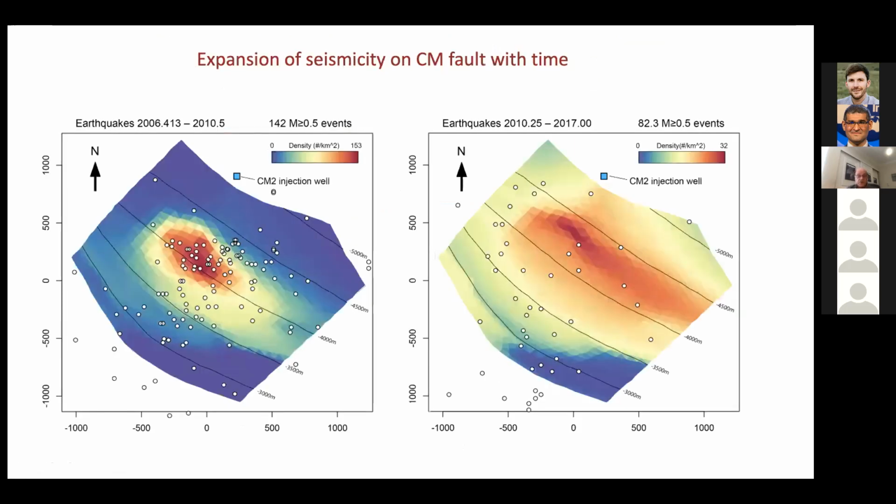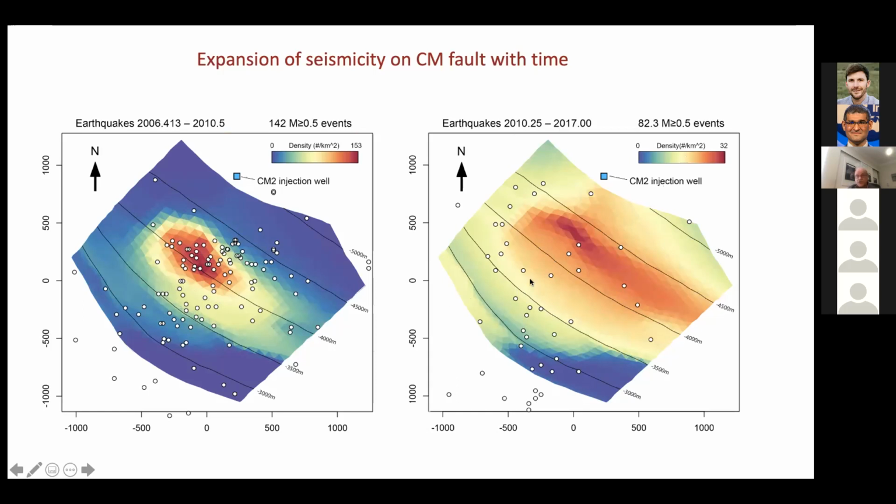I'll just finish up here with this. This is the computed earthquake density from the model for the period 2006 to 2010, with the observed earthquakes overlain, and the computed earthquake rate 2010 to 2017, with the earthquakes in that period printed on that.